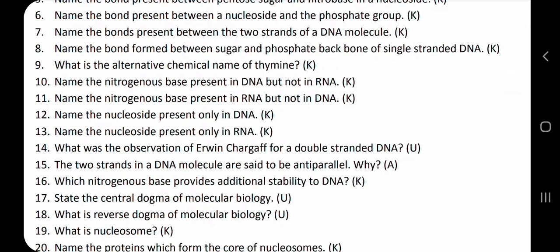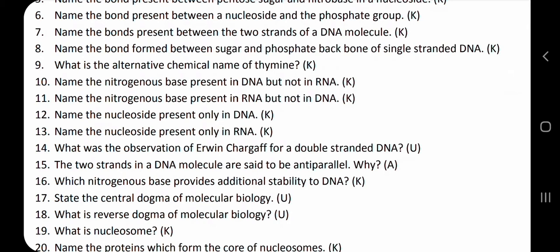It involves two important steps, called transcription and translation. When the genetic information flows from DNA to RNA, it is called transcription, and if that information flows from RNA to the protein, then we call that process translation.